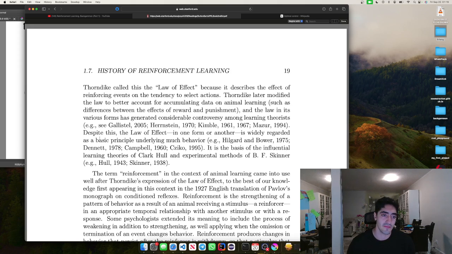And the law in its various forms has generated considerable controversy among learning theorists. Despite this, the law of effect in one form or another is widely regarded as a basic principle underlying much behavior. It is the basis of the influential learning theories of Clark Hull and experimental methods of B.F. Skinner.